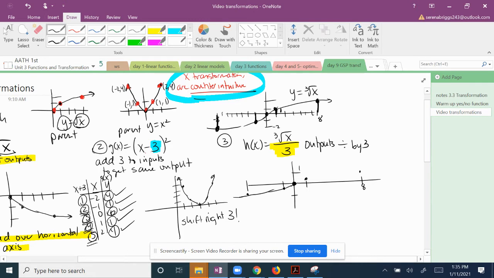What does this do to the graph? It compresses it towards the x-axis, the horizontal axis, by a factor of 3. That's what's happening here when we divide the outputs, the y values, by 3.